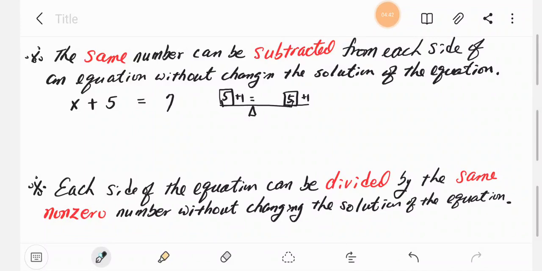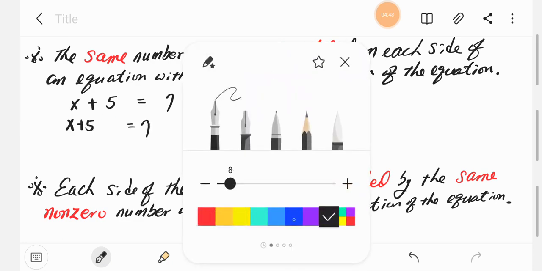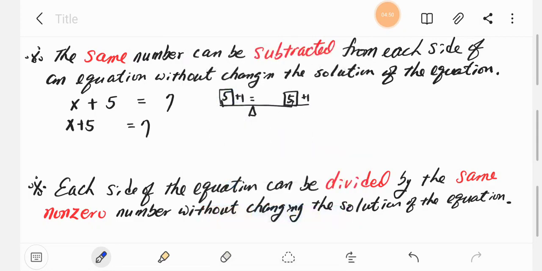Same thing. In this case, here is x plus 5 and here is 7. Then you can add 2 to each side. Then this will be x plus 7 and 7 plus 2 is 9. So still the solution will be unchanged.